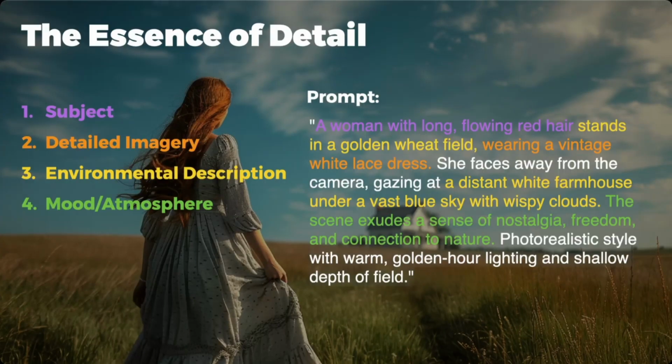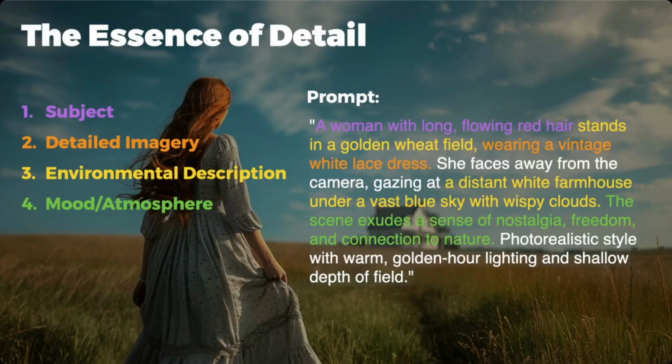Maybe you're doing something over a mythical city, or you could put it over an urban city that is apocalyptic. You can do whatever it is, but you're setting the mood and the atmosphere. So you have your subject, your detailed imagery, your environmental description, and then your mood and atmosphere.